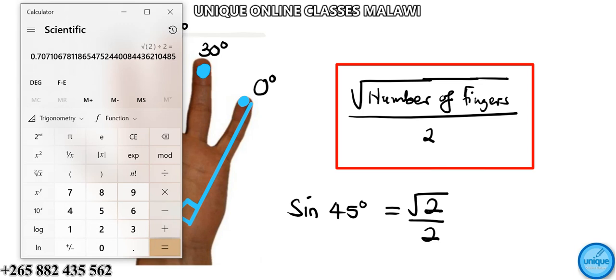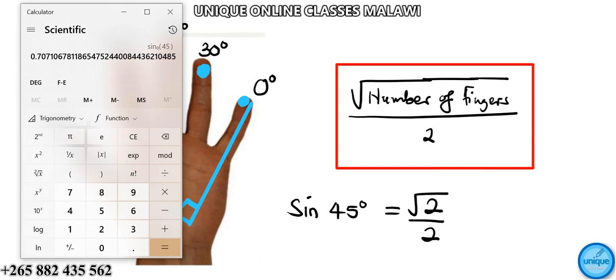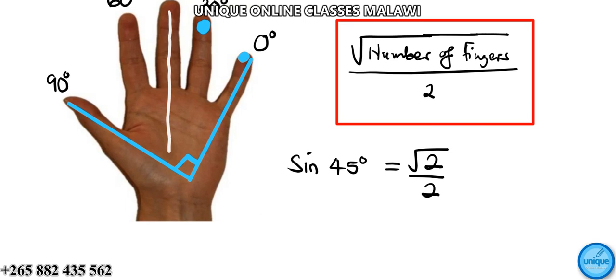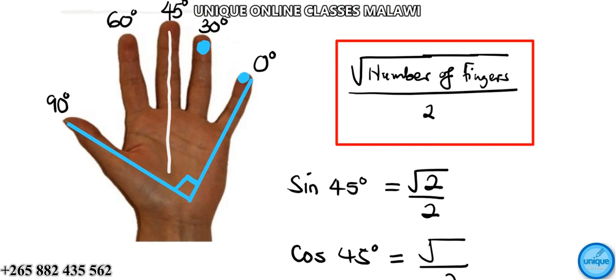Similarly, if you do 45, then press sine, the answer comes out the same, 0.7071. So we are done. Next let's do cos. Cos of 45 degrees. Cos of 45 degrees we make root, then divide by 2. How many fingers are from 45?